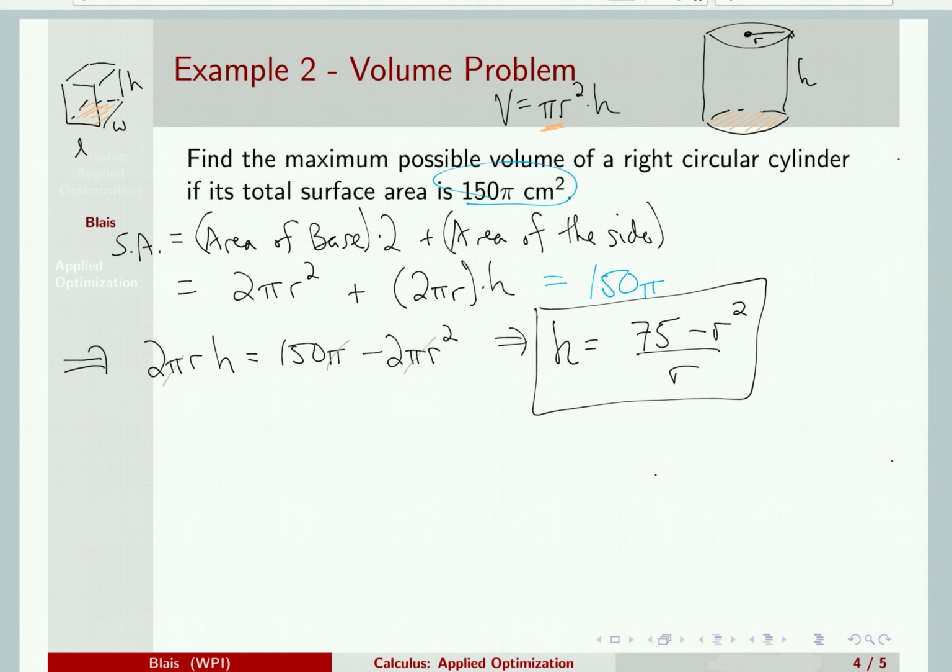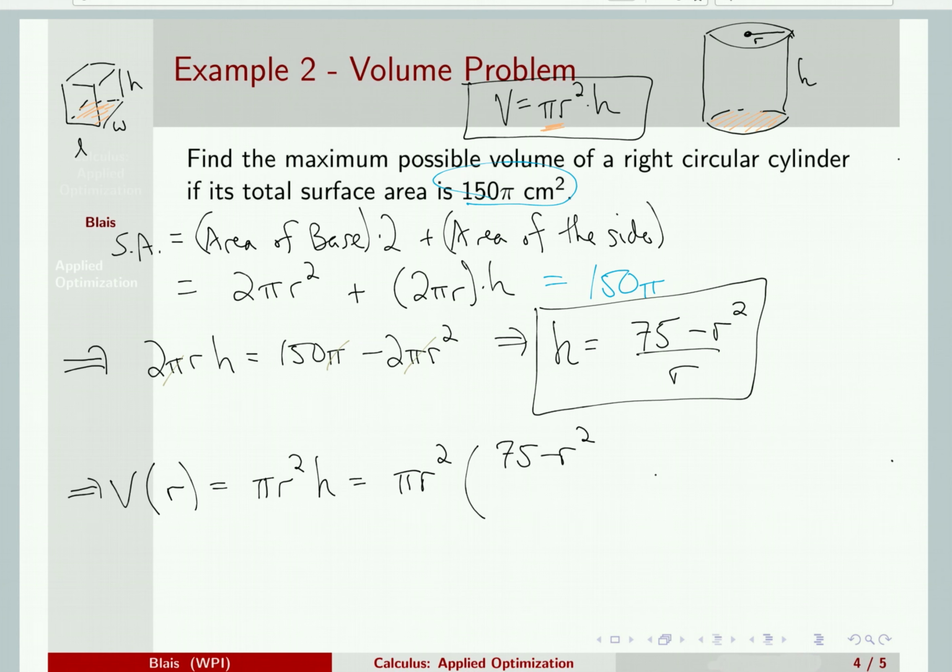So building this in, this means the volume as a function of r, come back up to our equation for volume. We have pi r squared times h, and we are now replacing h with this quantity 75 minus r squared over r. And this simplifies a bit.